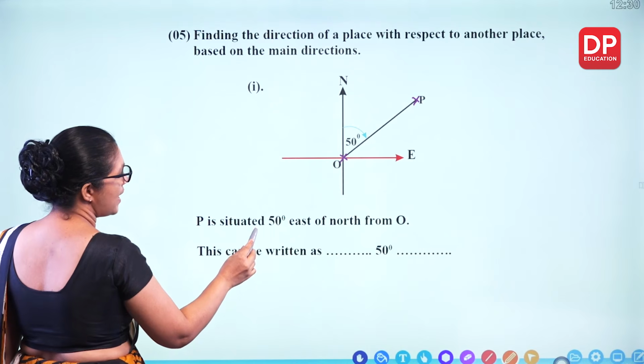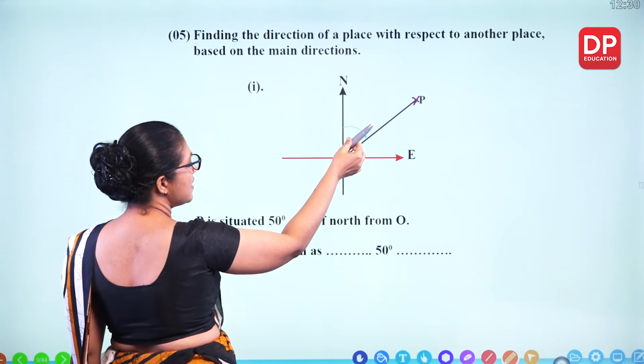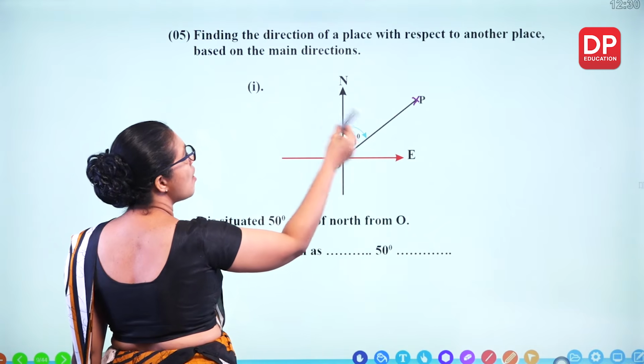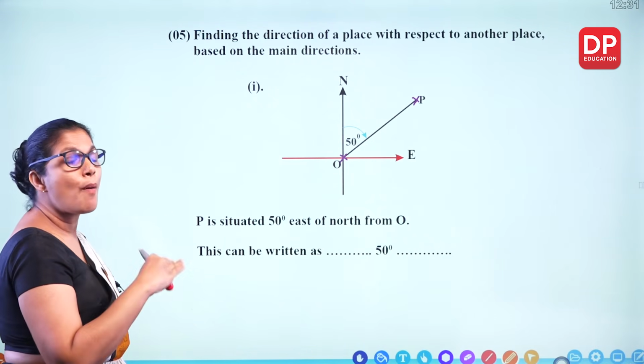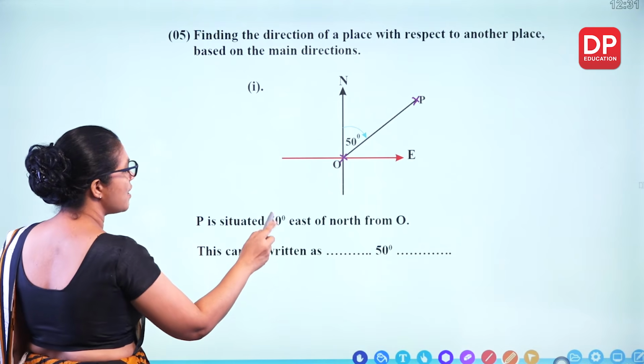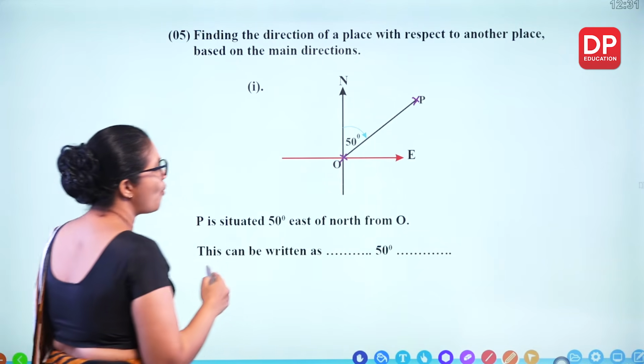P is situated 50 degrees east of north. Towards the east side from north, this is how we write. 50 degrees east of north from O.